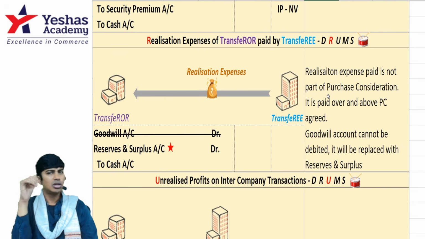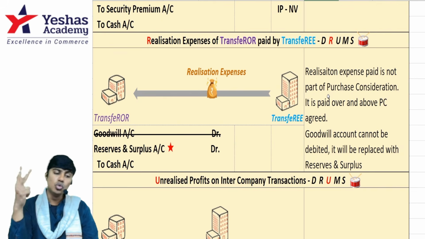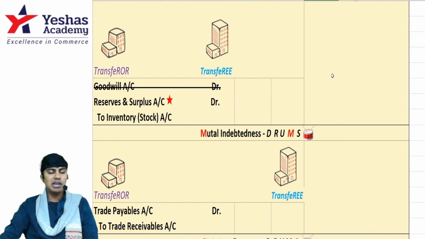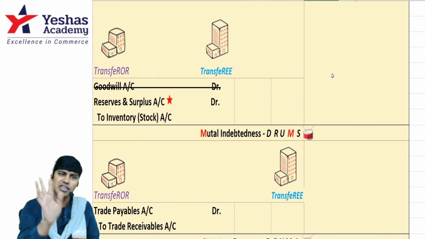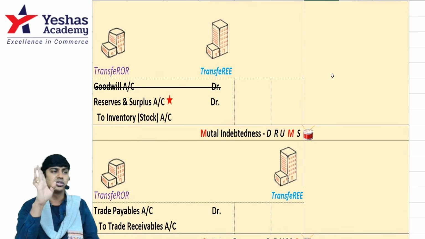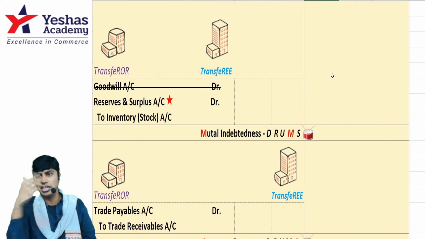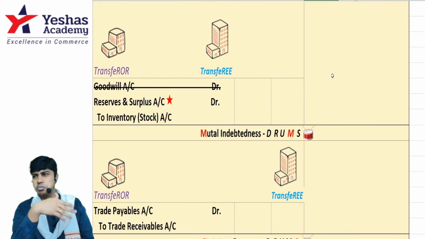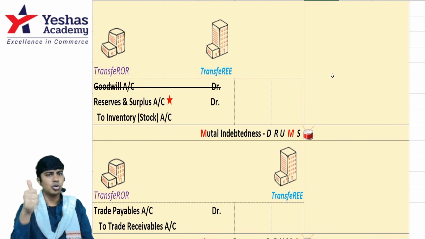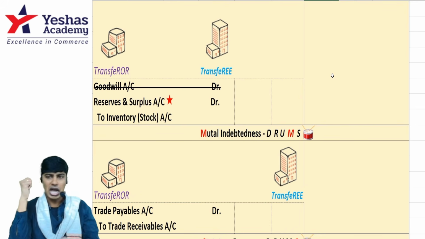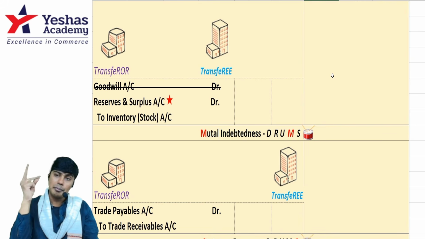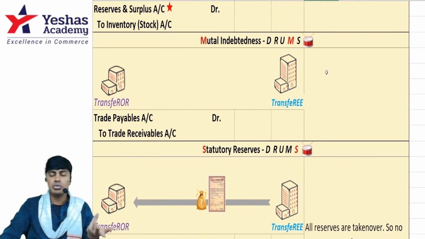There's nothing. D over, R over, U. Unrealized profit. I can't be writing goodwill to inventory. It will be written as inventory credit, debit will be reserves and surplus. It doesn't matter whether they have sold to me or I have sold to them. You can adjust it against P&L or general reserve. I hope you understood. D over, R over, U over. M, mutual indebtedness, same to same.